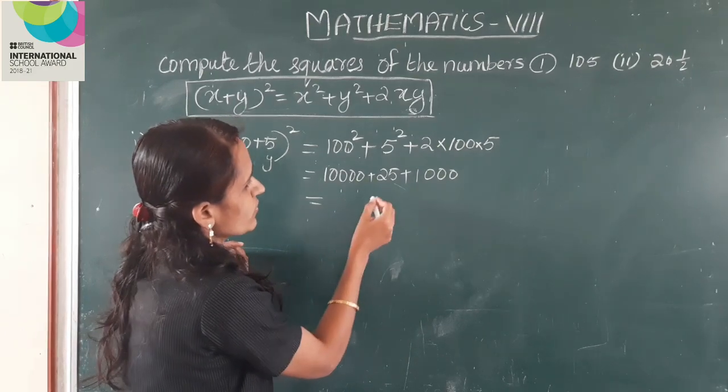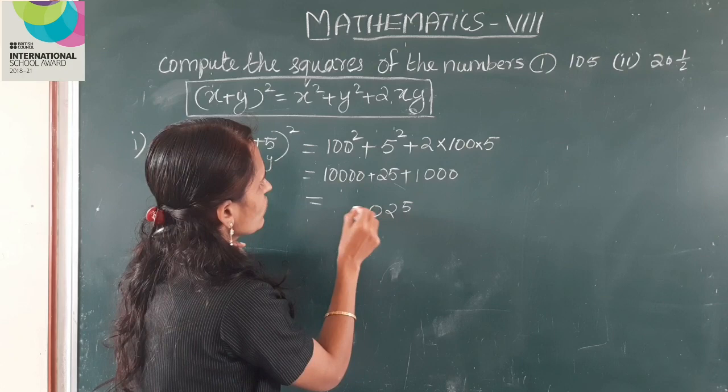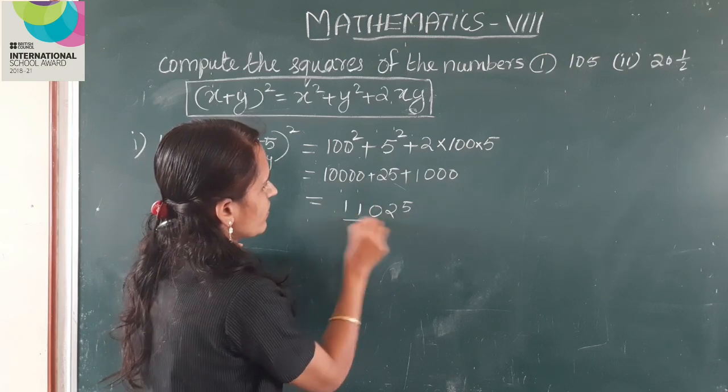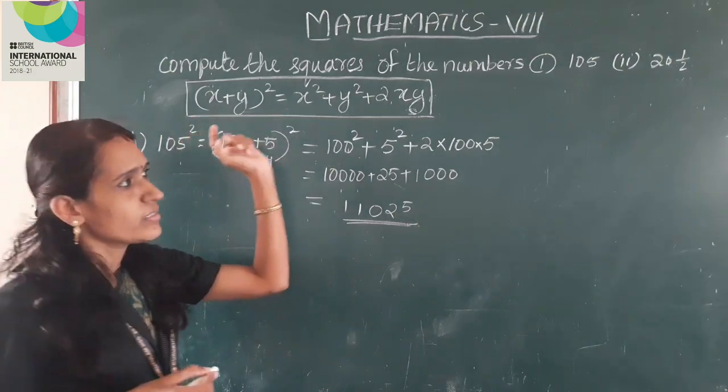This is equal to 10,000 plus 1000 plus 25, 11,025.